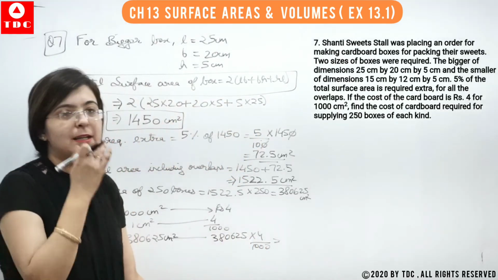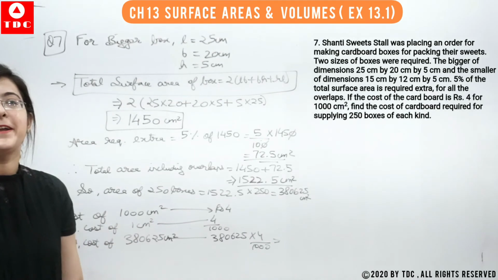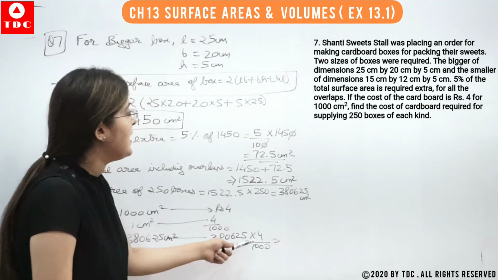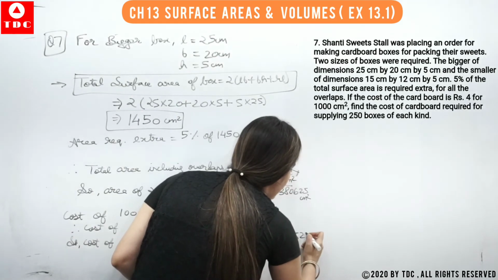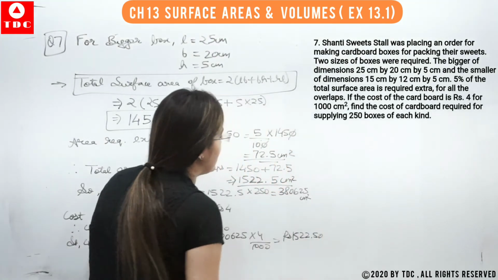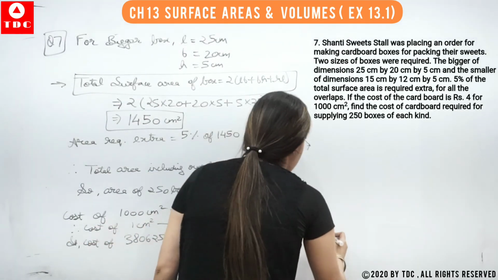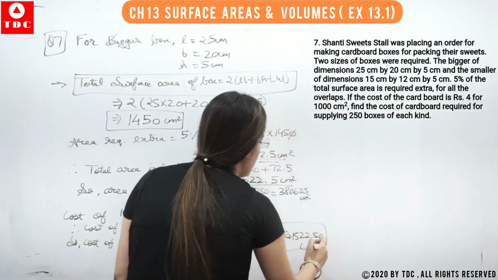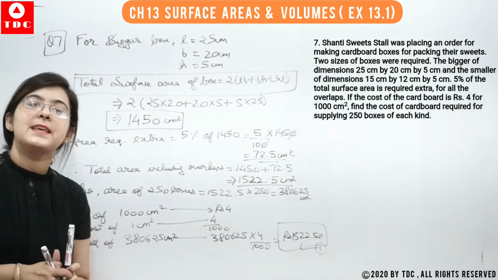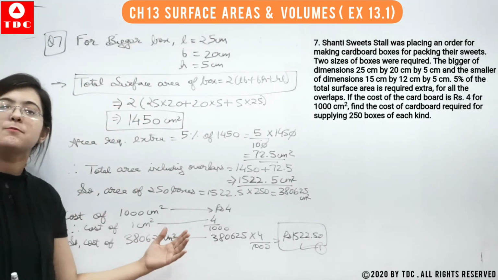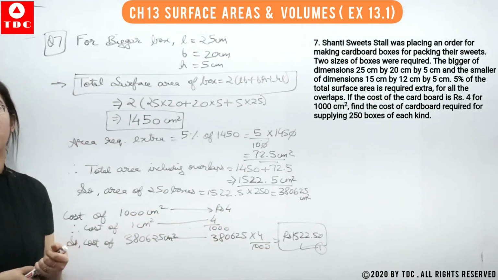So first multiply 380625 into 4, then divide by 1000. See how much will you get? You will get rupees 1522.50. Okay, this much will you get the total cost. Give it equation 1. So all this you have to do for the bigger box. Same now we will do it for the smaller box. And at last we will add up the cost of both the boxes.